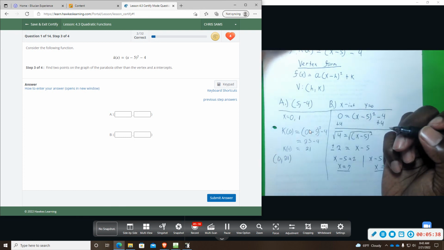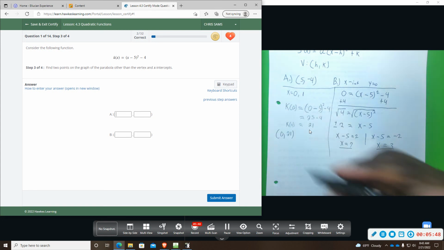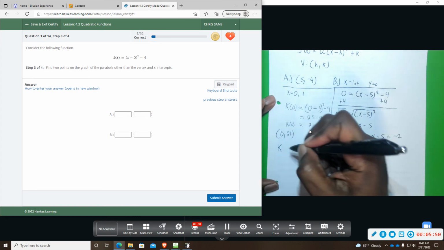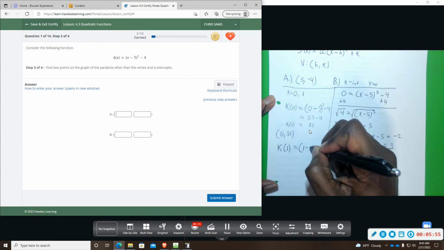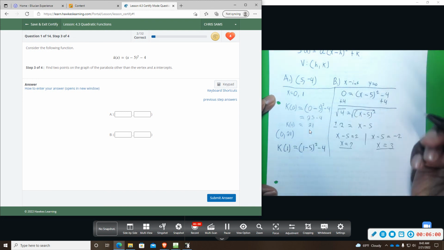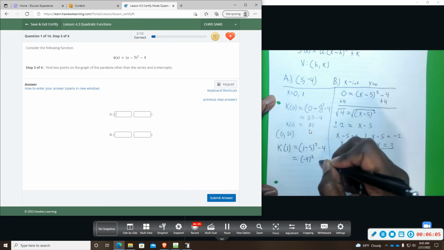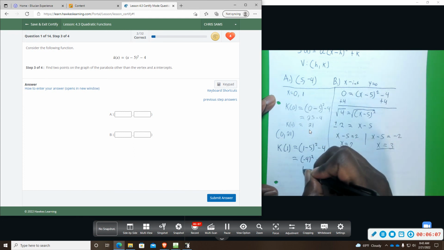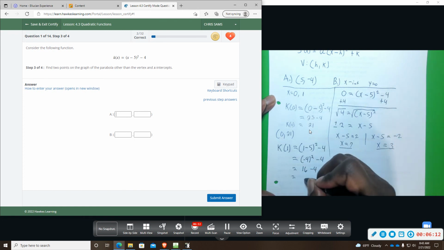And then we're going to do the same thing, except this time we're going to use 1. So I'm going to say k of 1. So I'm plugging in 1 for x. 1 minus 5, quantity squared, minus 4. All right, so this is going to give us a negative 4 squared minus 4, positive 16 minus 4, and that's going to give us 12.